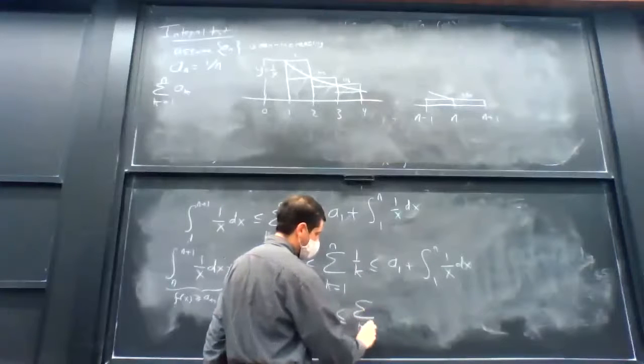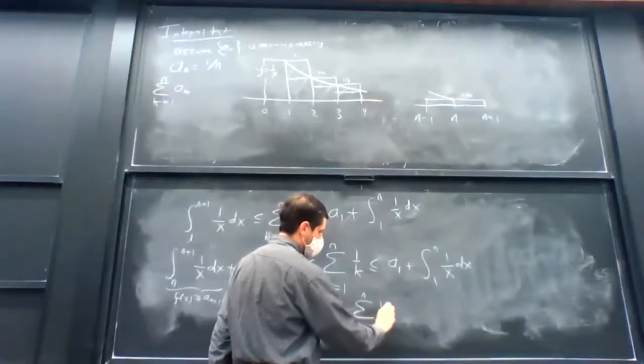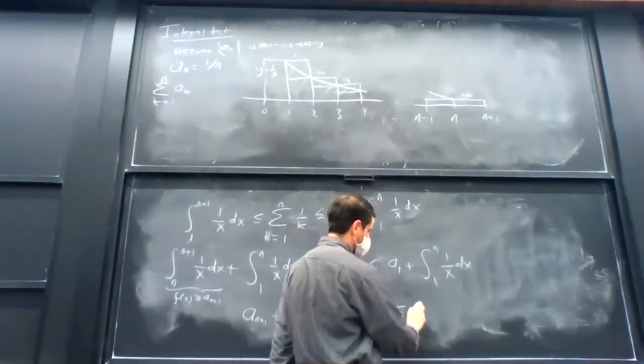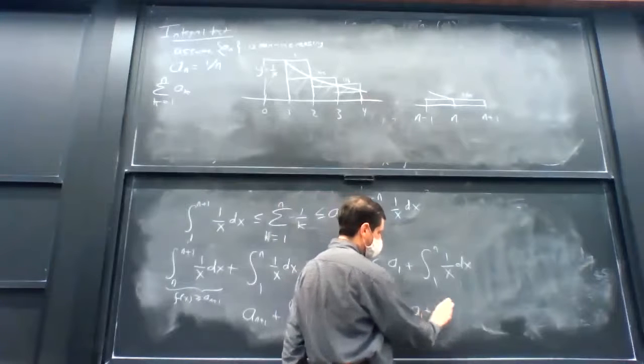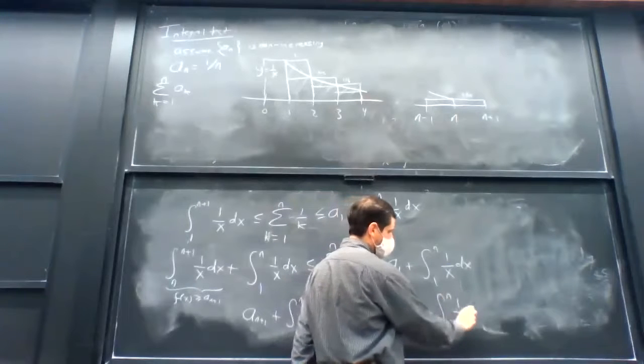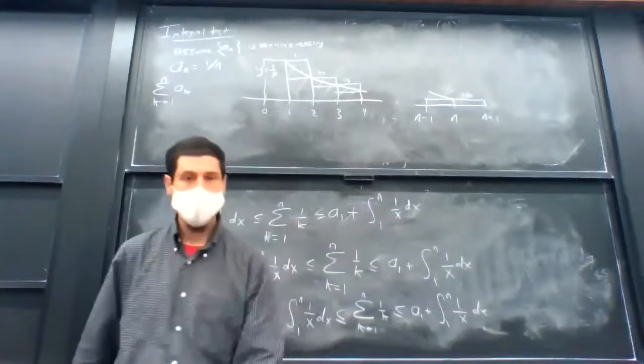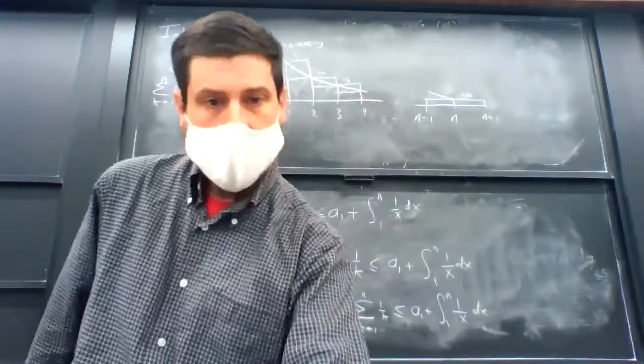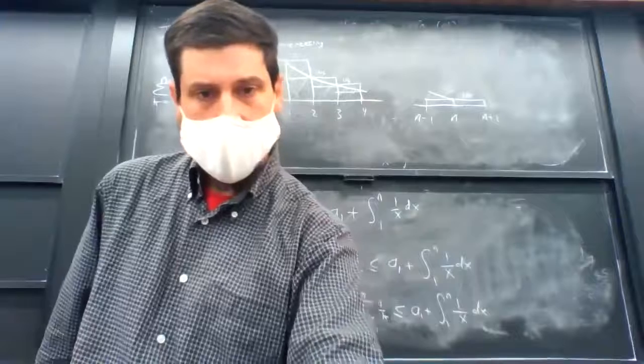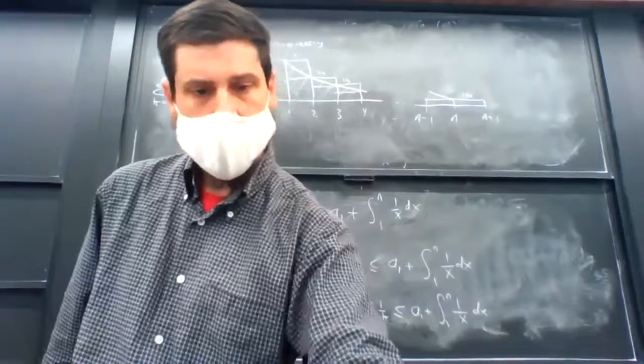So we know a_{n+1} plus the integral from 1 to n of 1 over x dx is less than or equal to my sum, k from 1 to n of 1 over k, which is less than or equal to a1 plus the integral from 1 to n of 1 over x. Okay, so that's not so bad.